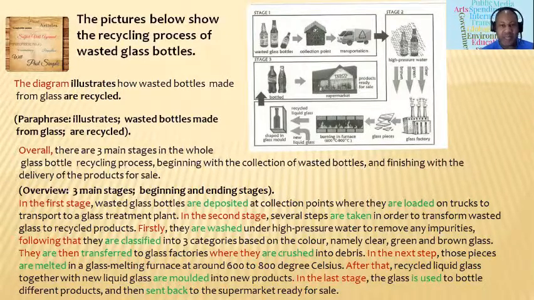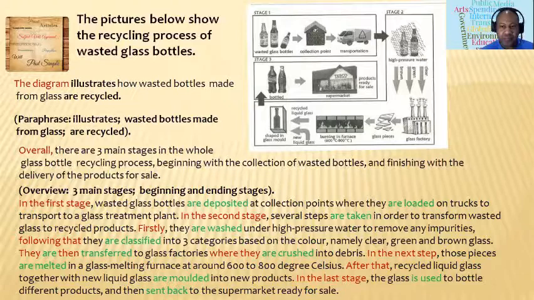So if you look at our overview, you can see overall there are 3 main stages in the whole glass bottle recycling process. Beginning with the collection of wasted bottles, and finishing or ending, whichever word you want, with the delivery of the products for sale there. For me, this is one of the easiest overviews to do when it's sequential.